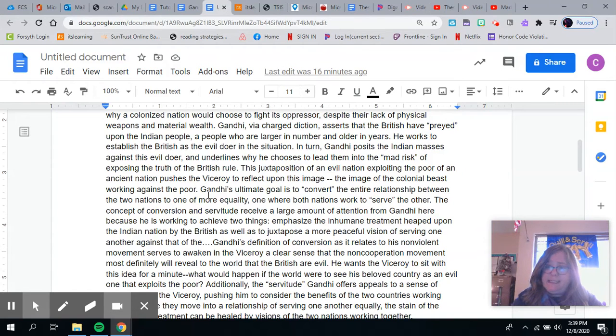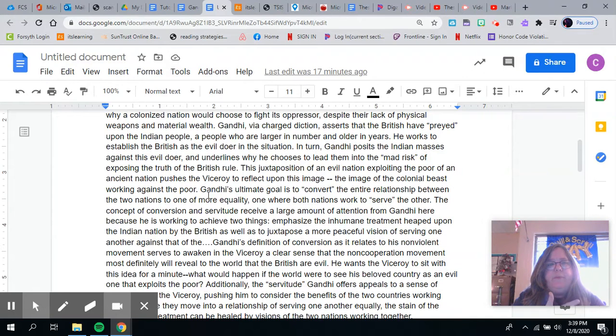And I get that directly from the text because Gandhi says, "conversion of a nation that has consciously or unconsciously preyed upon another far more numerous, far more ancient, and no less cultured than itself." And so Gandhi is really trying to establish from the very beginning how equal they are, that the British are no better. So why then have the British come in to prey upon them? So, I'm trying to play around with some of that here.